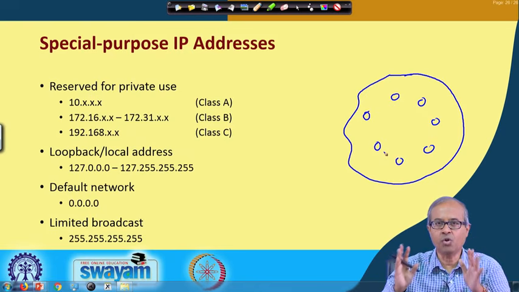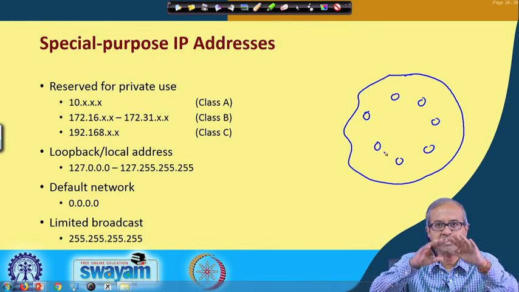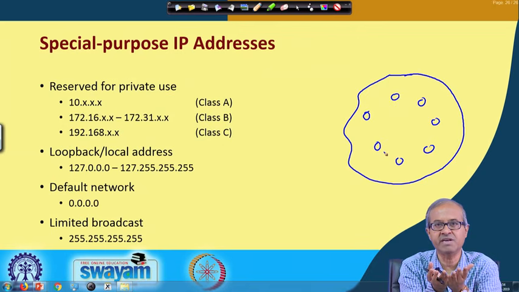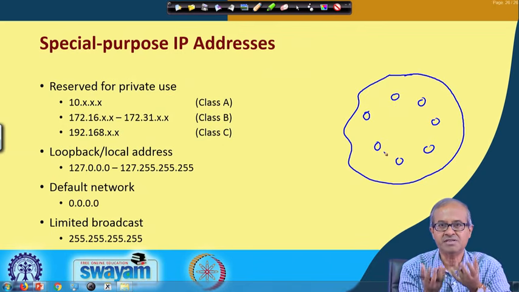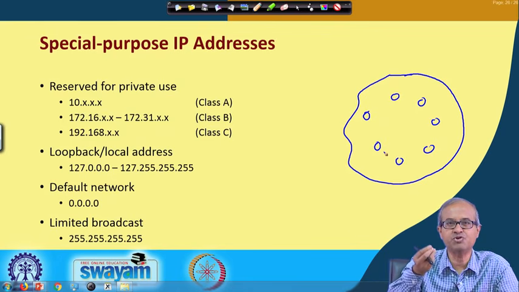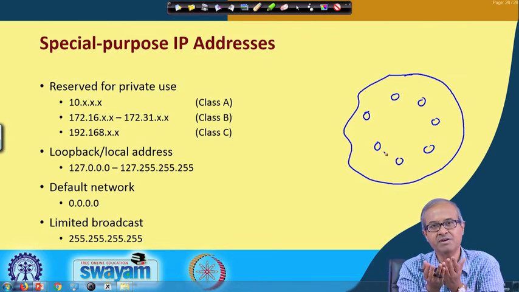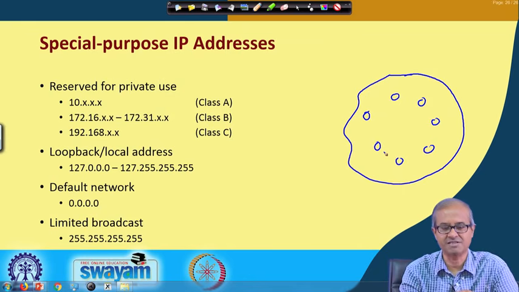I do not need unique IP addresses which are not used anywhere in the world, because I am using them only within my organization. So, I can use private IP addresses which can be used by others also. They are not supposed to be used publicly with other networks. Only inside your network you can use these private addresses.